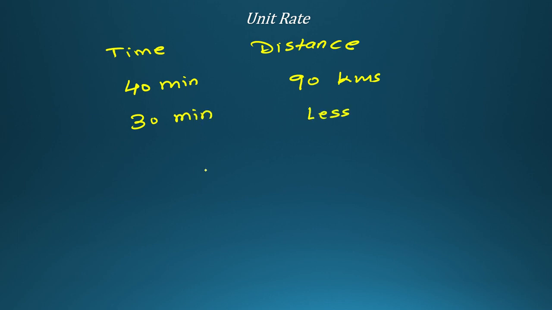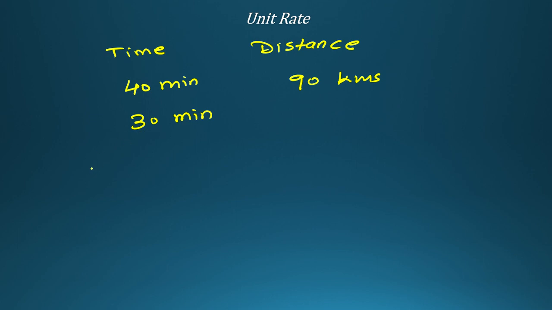You can do such questions in two ways. First, you can find for one unit, for 1 minute, and then multiply it by 30 to get the answer, or you can do it directly. Whatever is convenient for you, you can do that.